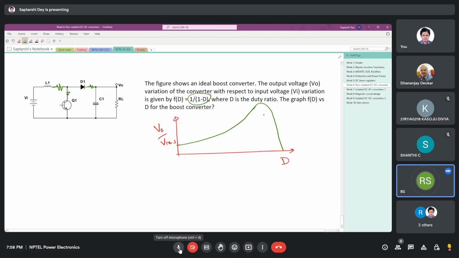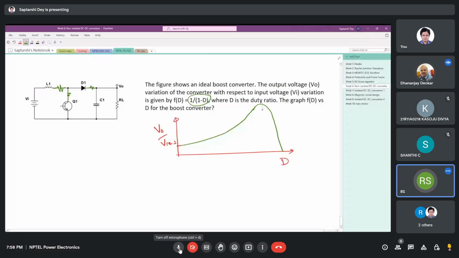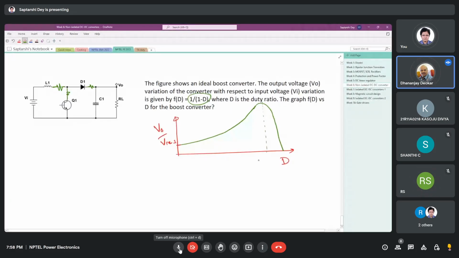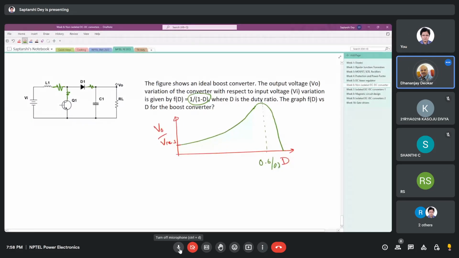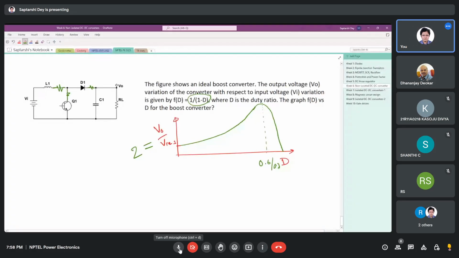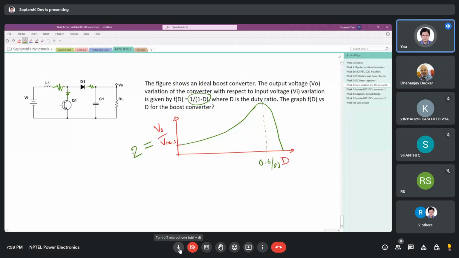Sir, typically at what point of D will we get the peak? I think somewhere around 0.6, 0.7. Generally, for a boost converter to have a good efficiency, this gain is restricted within 2 or 2.5, maybe, hardly. That also sounds very large. If you want a higher boost, you have to go for isolated converters.